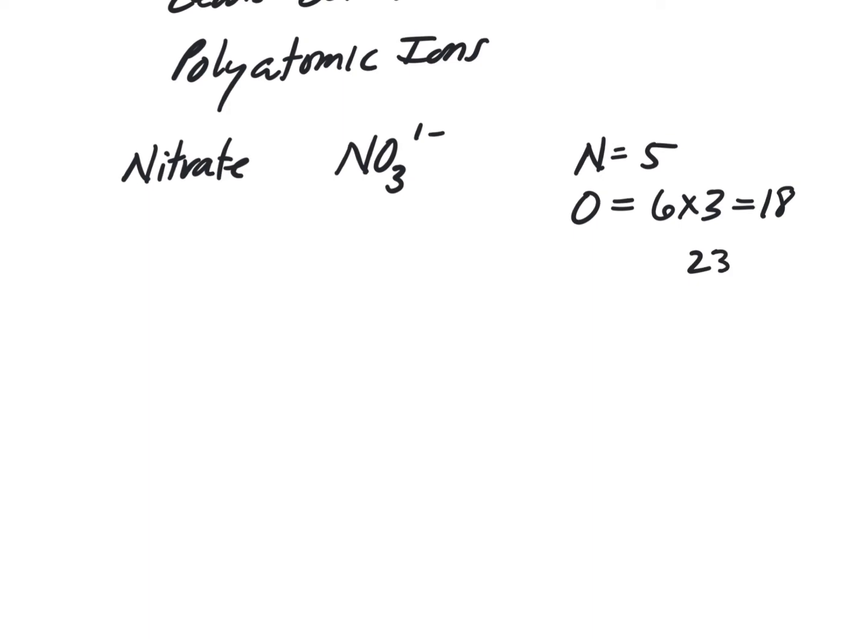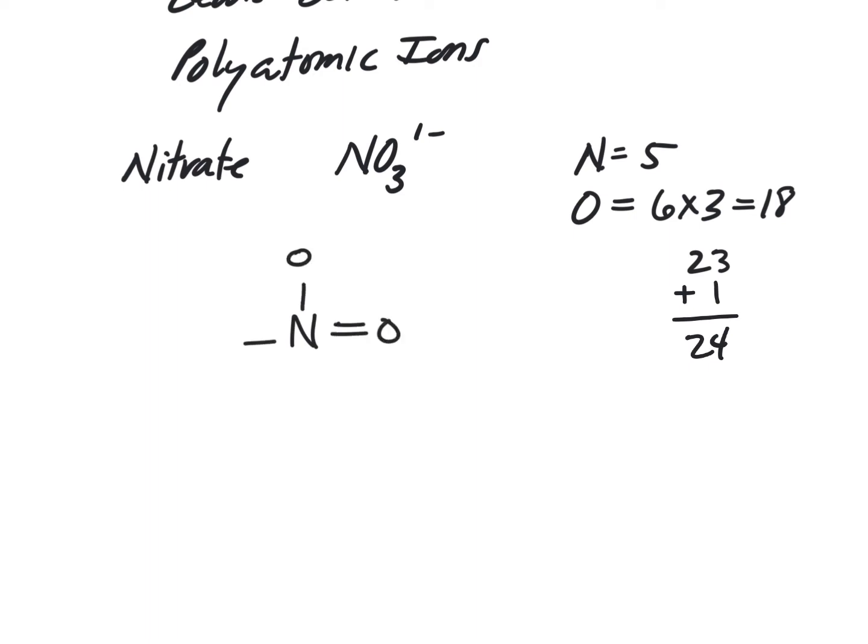Now, we've got this negative charge here. The reason that this molecule got a negative charge is because it's got an extra electron. So we're going to add an electron to the valence electrons that are already there. That's 24 electrons now.